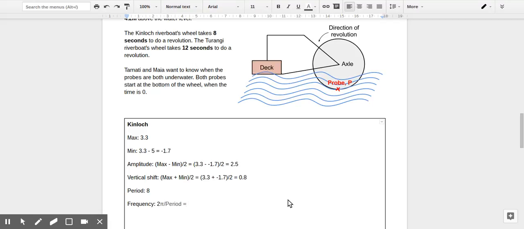So in this case, it would be 2 pi divided by 8, which is equal to pi on 4. So that is our frequency.